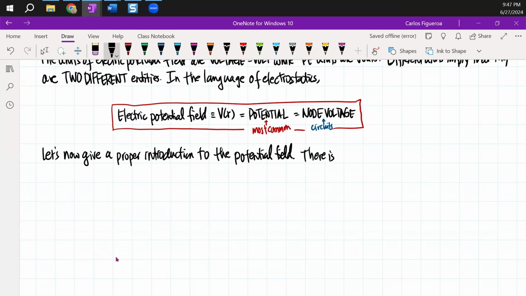There is a connection between the electric force and electric field.